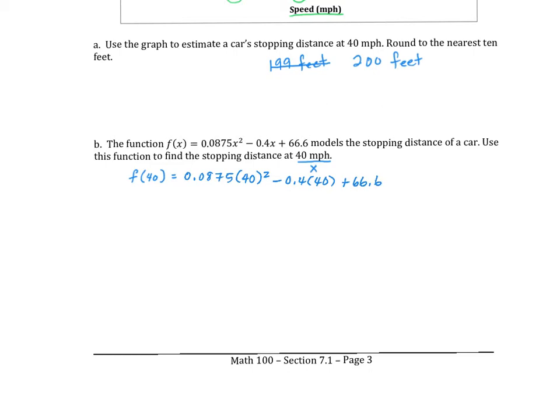When I put this in my calculator, I get 190.6, and the units are feet. Notice looking at the graph, it's a little bit misleading. When I put that value in the actual function, the 190.6 feet is my actual stopping distance if I'm traveling 40 miles per hour.